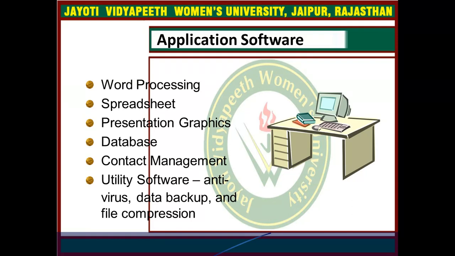These all are the application software. If you are working on a text document, then you use word processing, spreadsheet, presentation graphics, database, contact management, utility software, antivirus, data backup, and file compression. So these all are examples of application software.